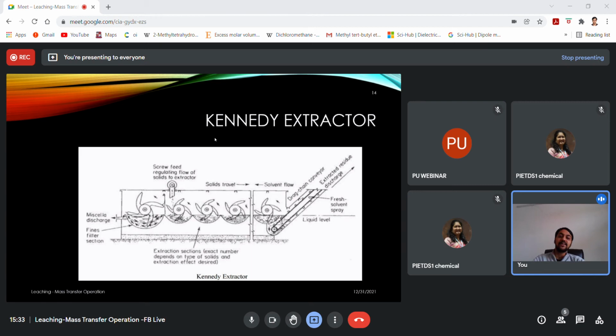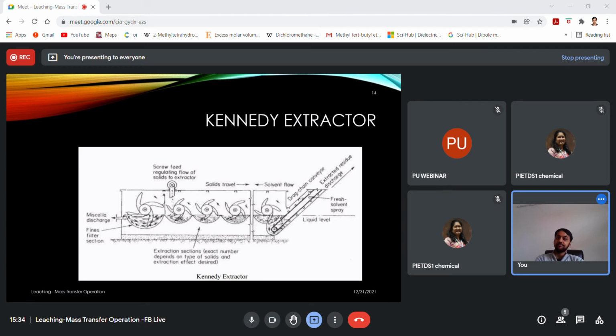So how does the Kennedy extractor work? This is the figure of the Kennedy extractor. In the same way, the solvent is flowing from the right side to the left side, and the solid is traveling from the left side to the right side, and from the drag chain conveyor the solid is taken out.